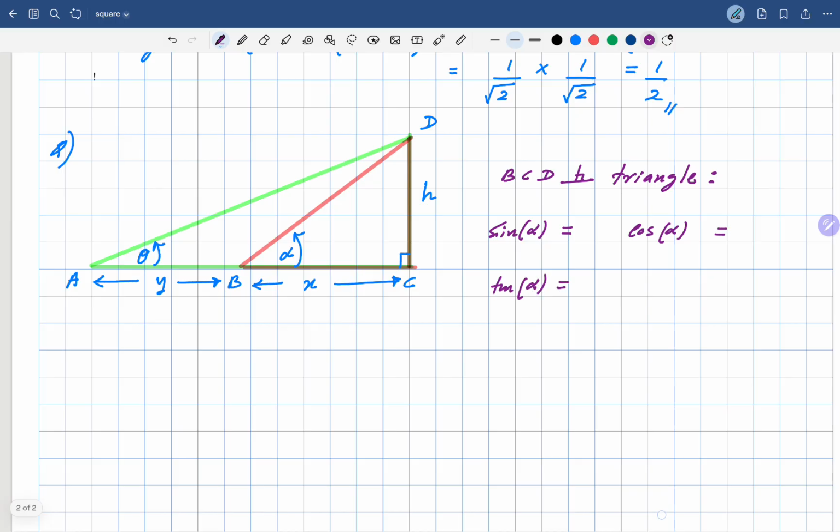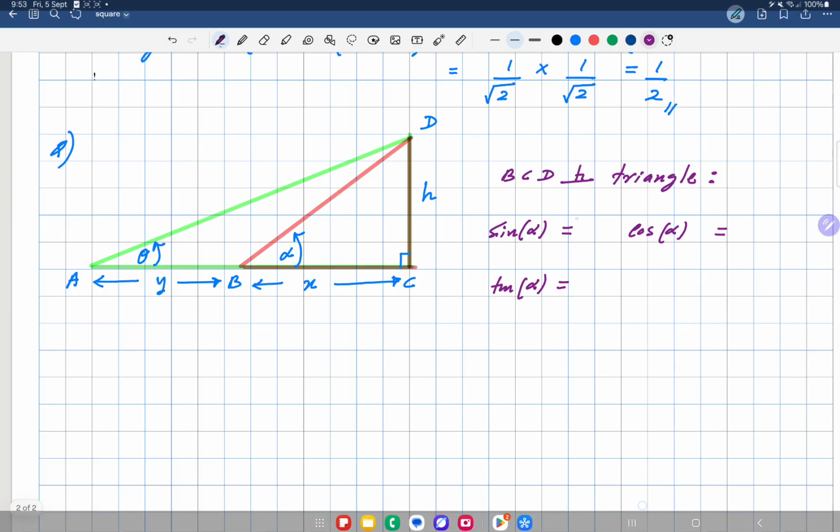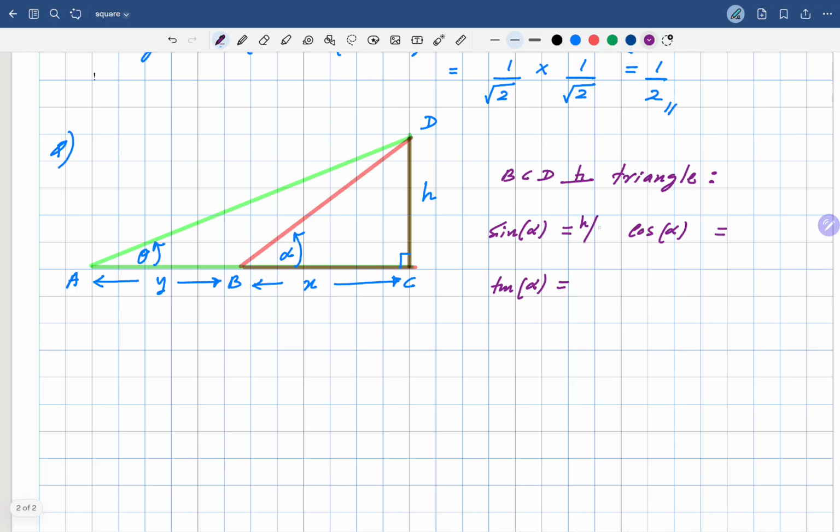So sine alpha is equal to h divided by, we don't know the hypotenuse. Cos alpha is equal to x divided by the hypotenuse, that would be BD. Tan alpha is h divided by x. Now how do you find the BD hypotenuse?